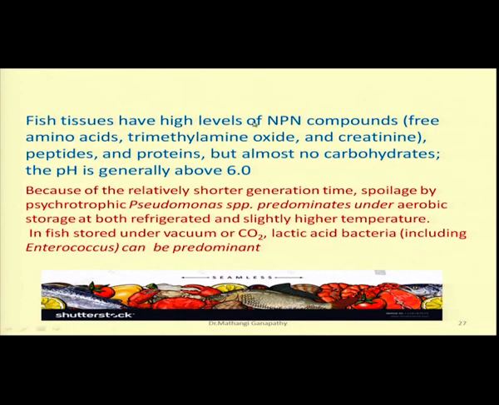Fish tissues have high levels of NPN compounds, which we call free amino acids, trimethylamine oxide and creatinine, in addition to peptides and proteins, but almost no carbohydrates.